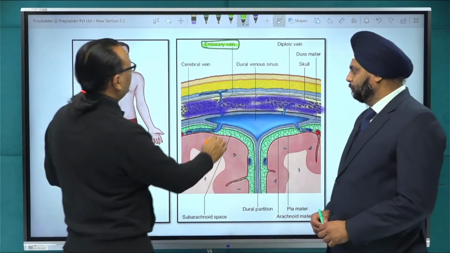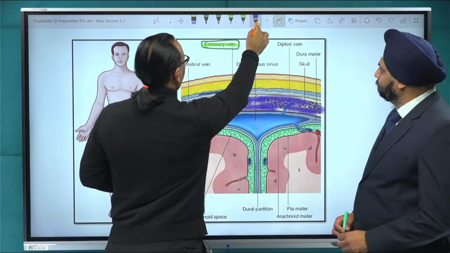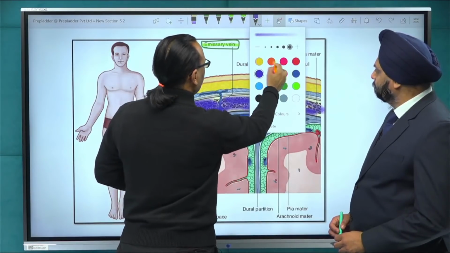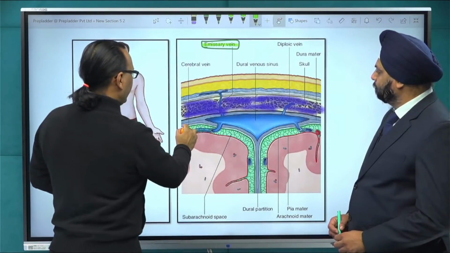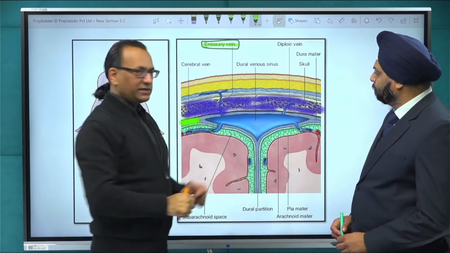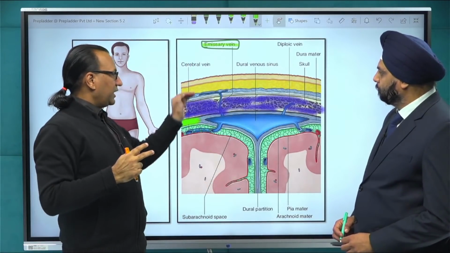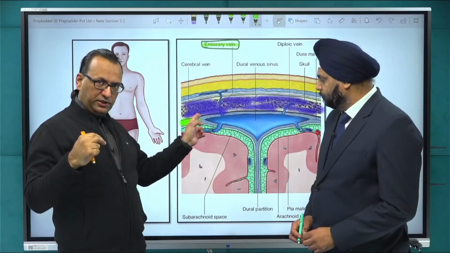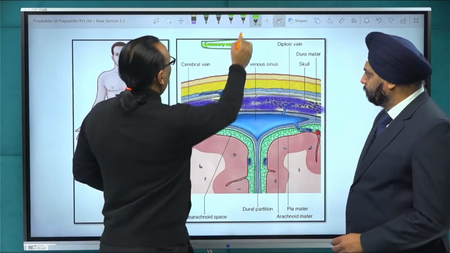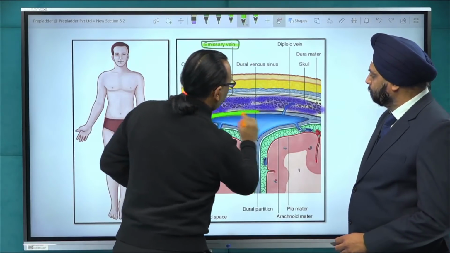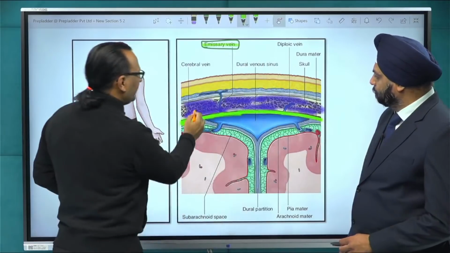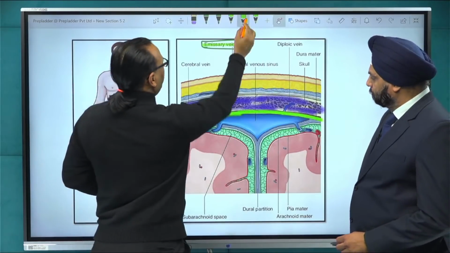So here, what is the structure basically? Deep to the skull there is the dura mater, and the dura mater has a double layer. Towards the skull there is the endosteal layer, and towards the meninges there is the meningeal layer. The endosteal layer follows the bone, but the meningeal layer separates.